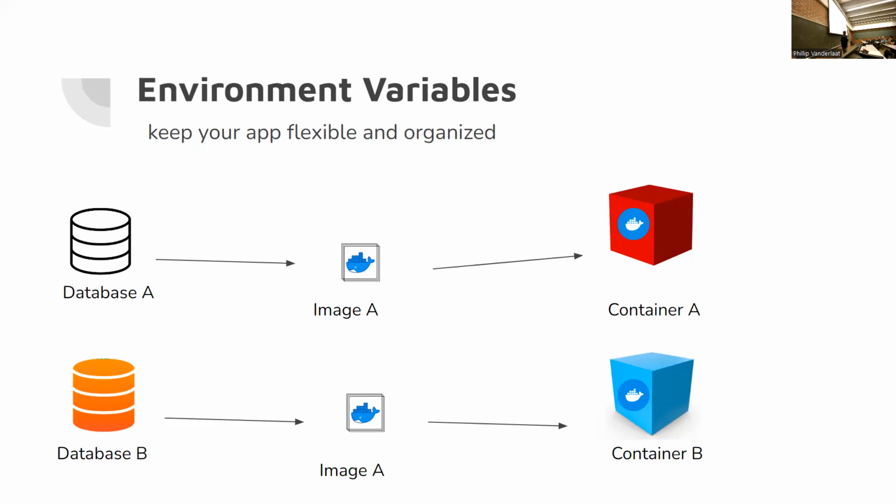All we need to do is tell it with one environment variable, yo, can I access the real deal, or am I just using the development database? So you can make small tweaks to your containers so you can be more efficient with your images.